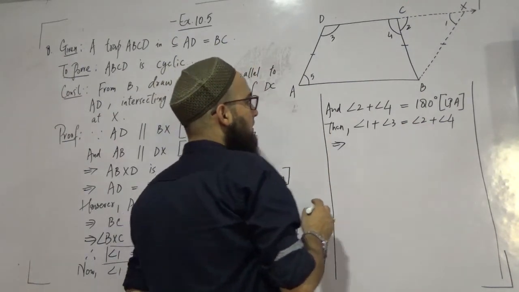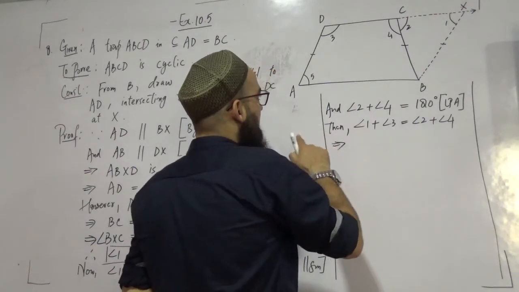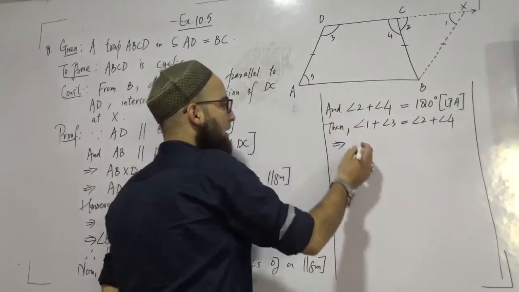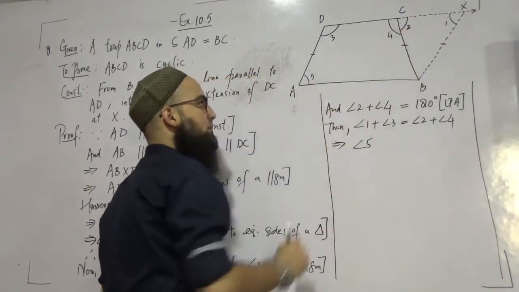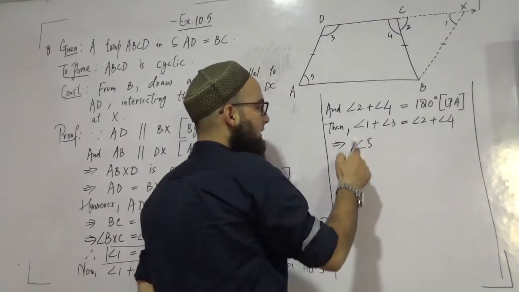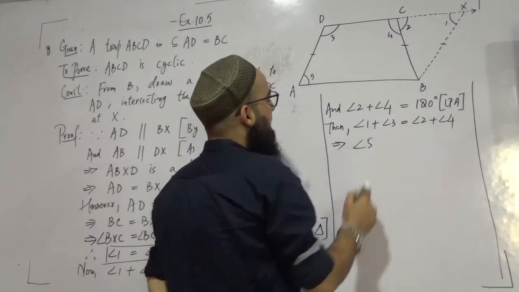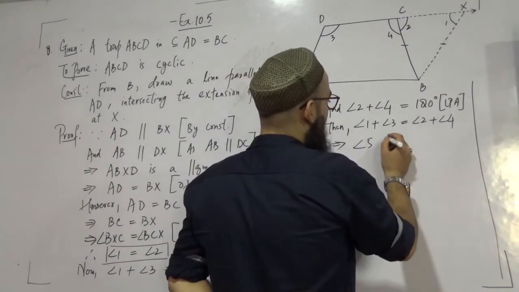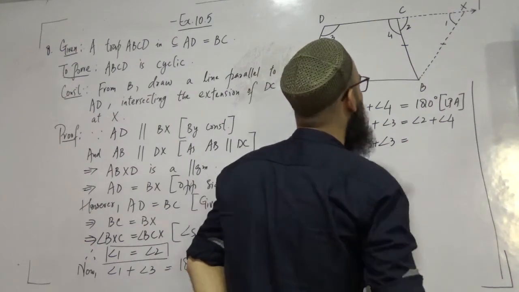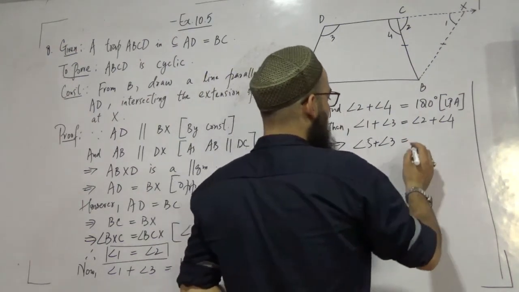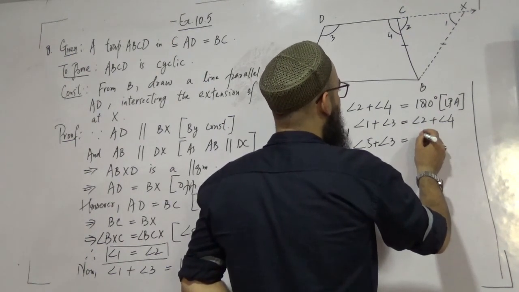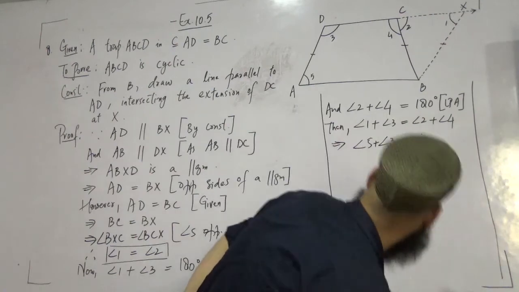In place of angle 1, I can write angle 5, because these are opposite angles of a parallelogram, so they will be equal. So angle 1 is equal to angle 5. Keep angle 3 as such. No, sorry, do one thing.